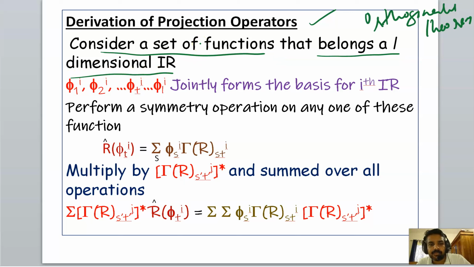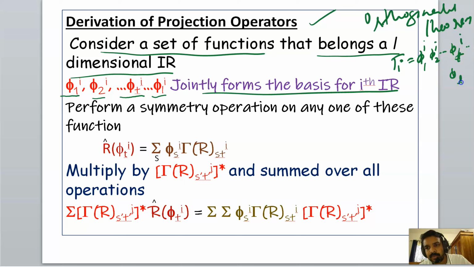Let phi_1i, phi_2i, etc., phi_ti, etc., phi_li jointly form the basis for an ith irreducible representation. That is, gamma_i is equal to phi_1i, phi_2i, etc., phi_ti, etc., phi_li.